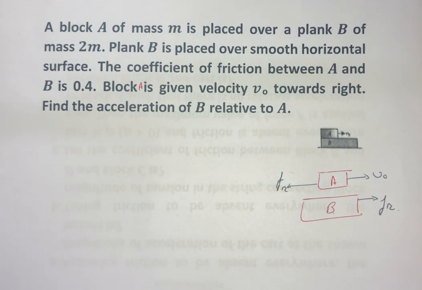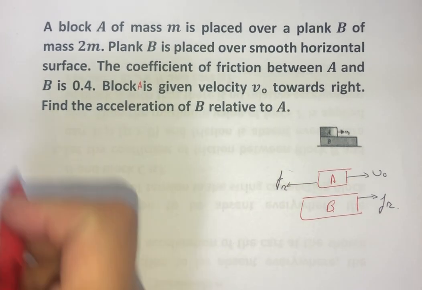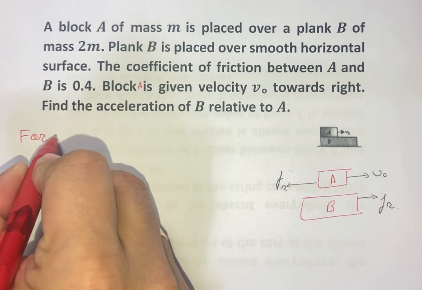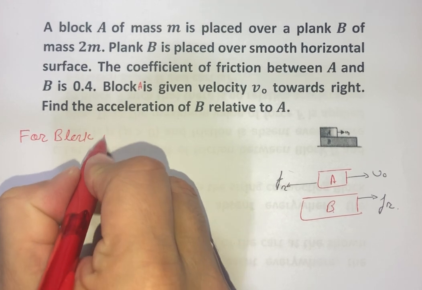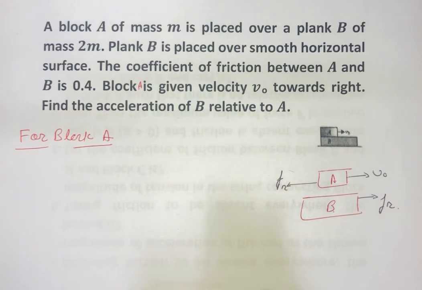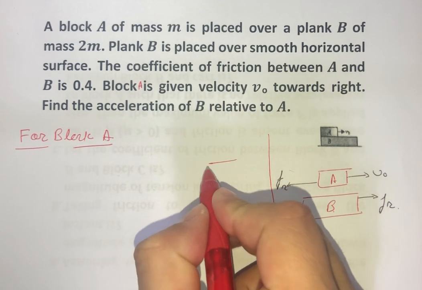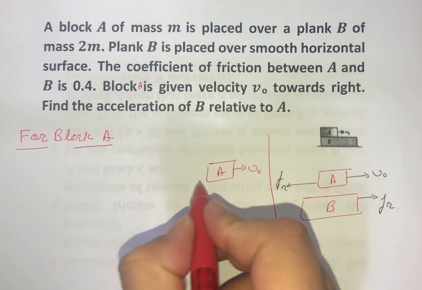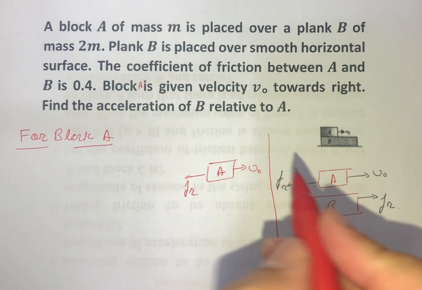Next, let's draw the free body diagram for each of them and then solve it further. So for block A, this is our block A, there is a v0 velocity and frictional force Fr is acting towards left.